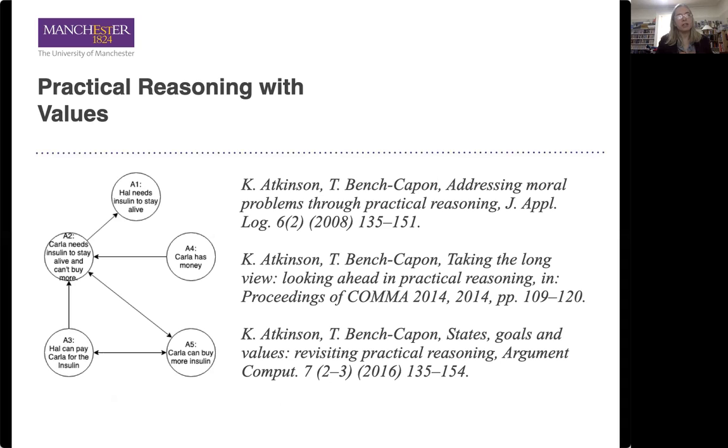Where it's being suggested that Carla should just buy herself more insulin, then there's a kind of value of freedom of choice, and that she's forced to spend her money here on insulin rather than on something else because Hal has stolen her insulin and so she needs to buy more. And then they say you can use an ordering over these values to help you decide in the graph you've got which is the correct choice of action. And there's a whole load of papers I've linked there, and they are on our website, about argumentation process.